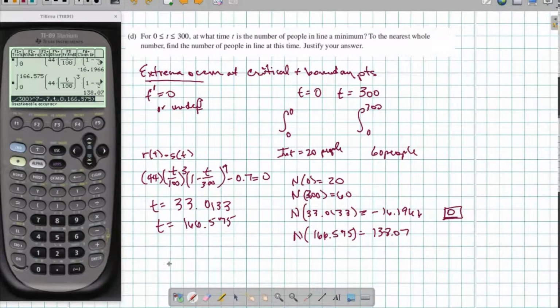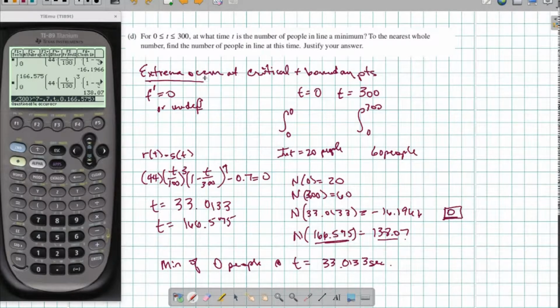And so I have a minimum of 0 people at t equals 33.0133 seconds. Now, it didn't ask where the maximum was, but my maximum is occurring at 166.575. And of course, these 20 and 60, those are just boundary points. So those are values in between.